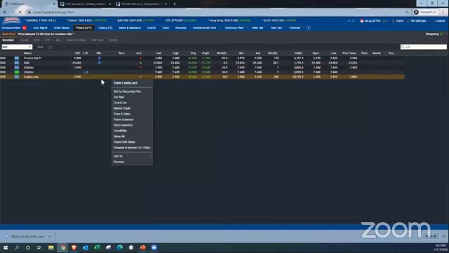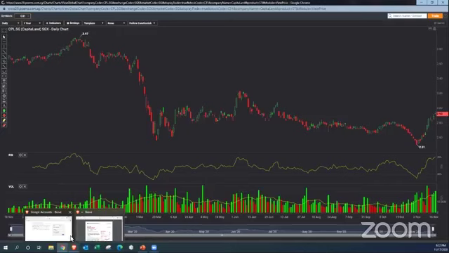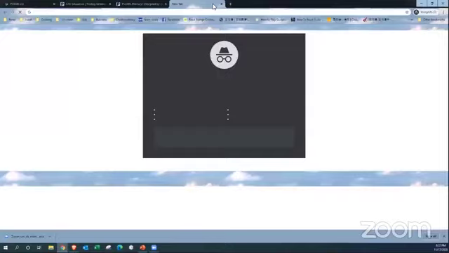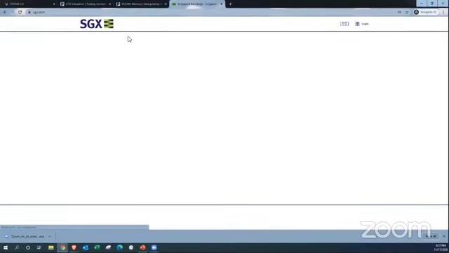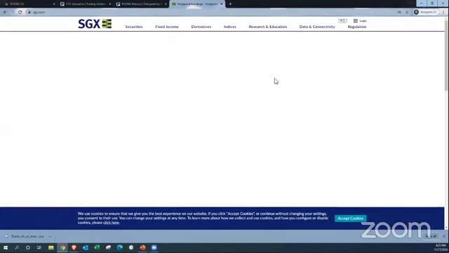If you are looking at the fundamental side of CapitaLand, first of all, I think I shared inside the Telegram group why I'm looking into this stock. Give me a moment. You can go to the SGX stock screener. You can find a lot of useful information over here.